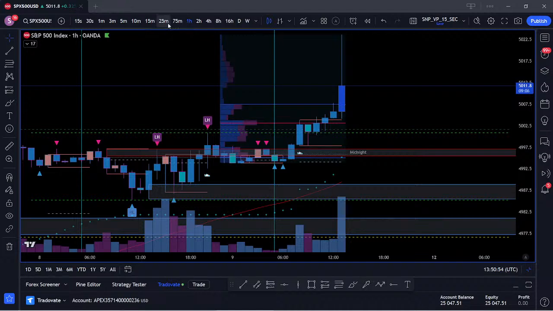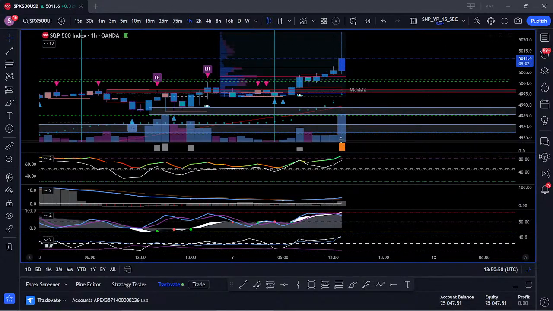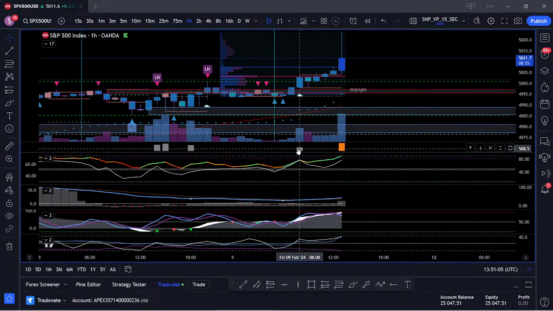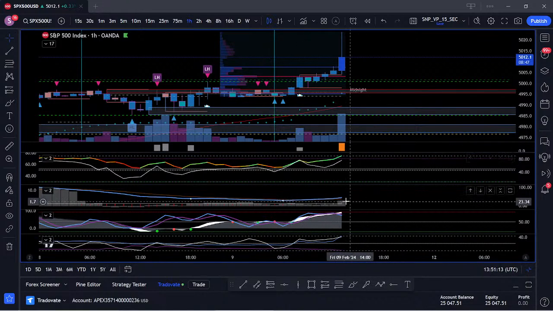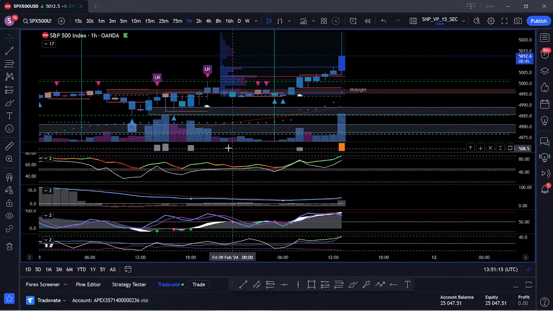So now we go to indicators. This yellow means very strong volume. This is less strong. So white is medium. Yellow is strong. That's all we need to know. Weak, there is nothing for it.